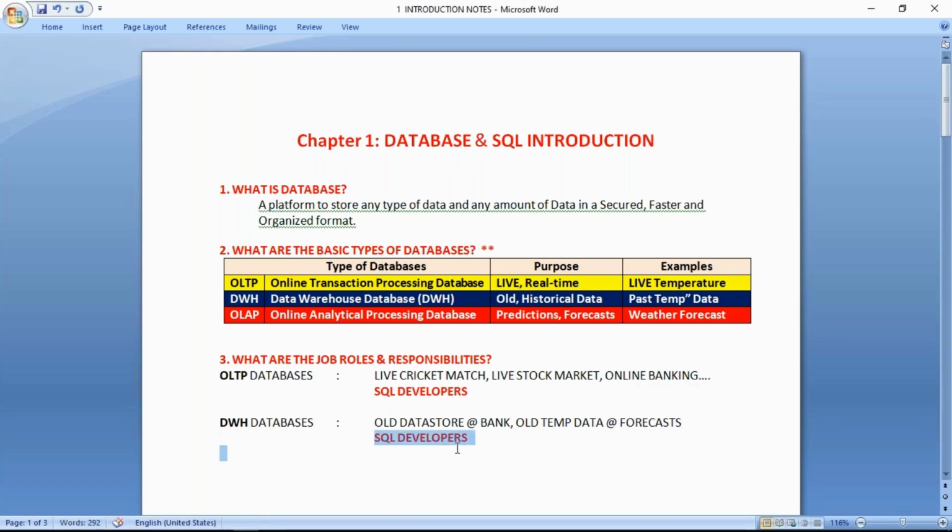Who is going to design this warehouse? Data engineers and data analysts.